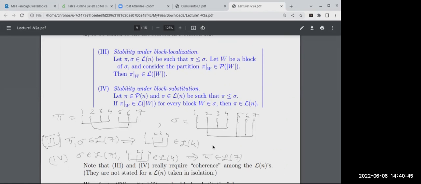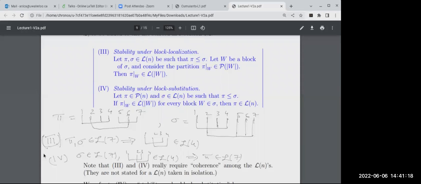In fact, I took my usual pi with seven dots, which has blocks 1, 3, 4, and then 2, 5, 2, 2, 6, and 5, 7, and I have put together 2, 6 with 5, 7. And this is the sigma, which now has only 2 blocks because 2, 6 and 5, 7 are put together.